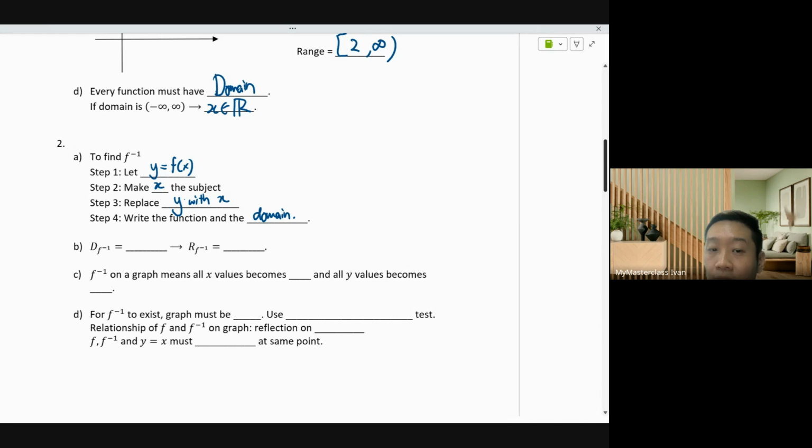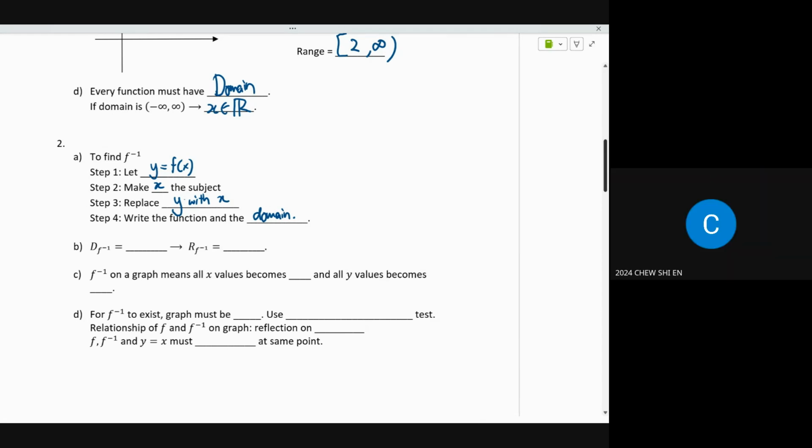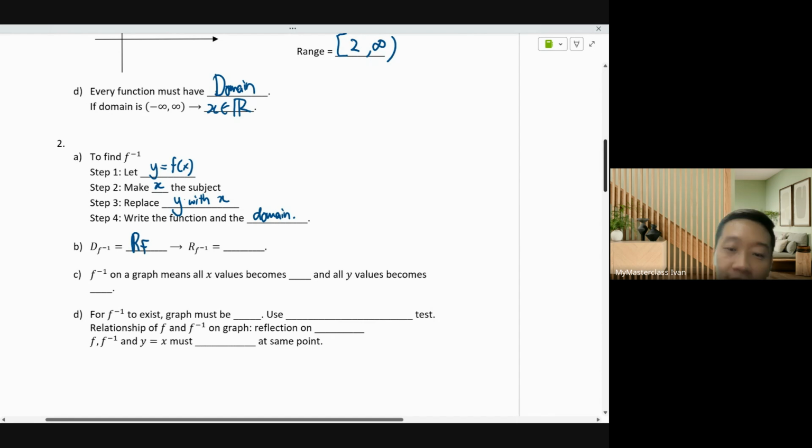Okay? Domain of f inverse, Shiren, is the same as? Range of f. Very good. So this means that the range of f inverse is equal to the domain of f.